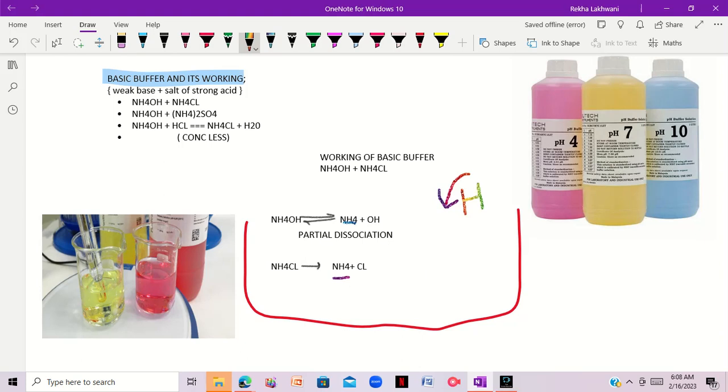Hydrogen means we are adding acid into this. By addition of acid, these hydrogen ions, by addition of hydrogen, there will be an increase in the hydrogen ion concentration.